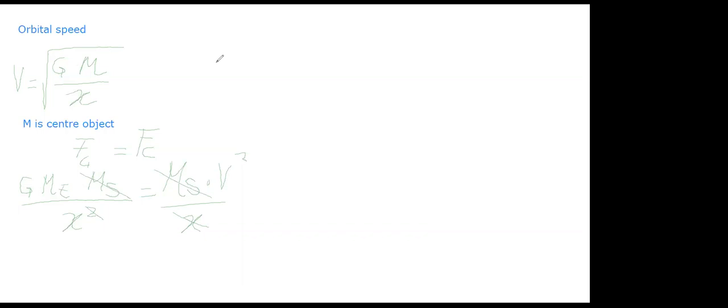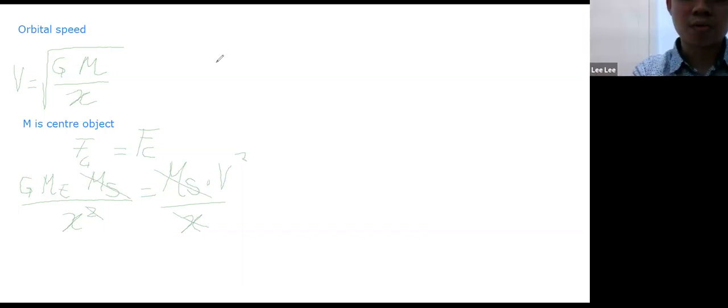No. The mass of the satellite, heavy or light, is not important. That's how you get the speed equals the square root of G M of Earth over x. Do you understand that here?